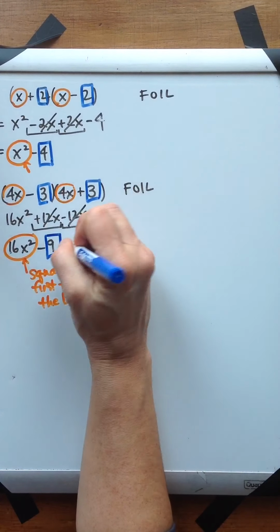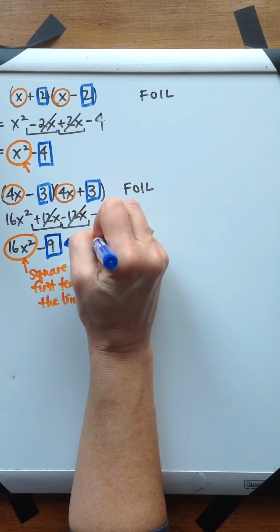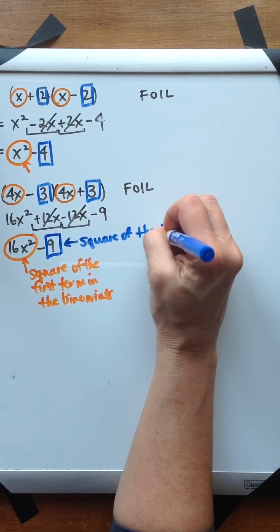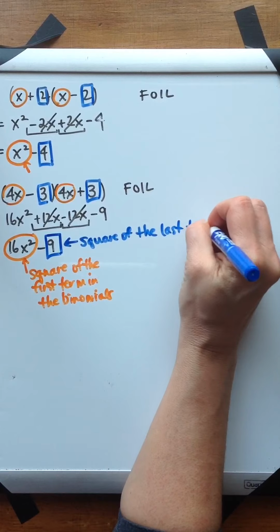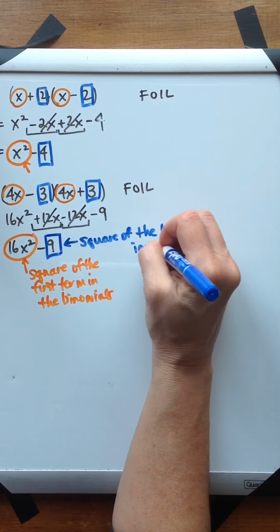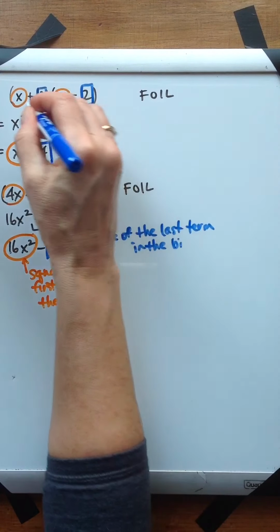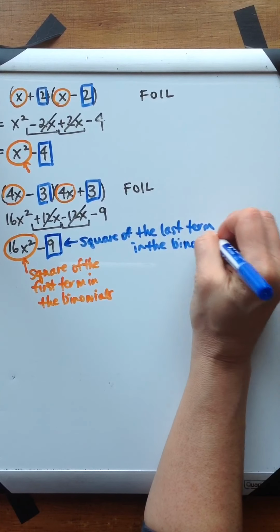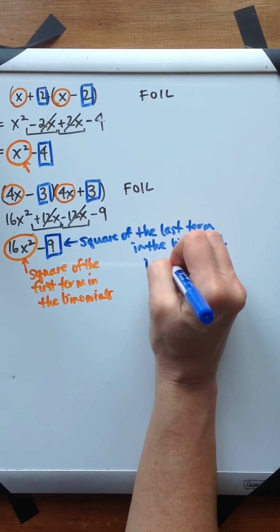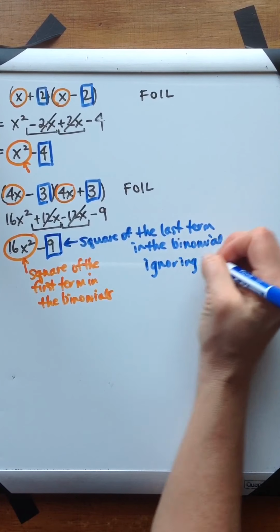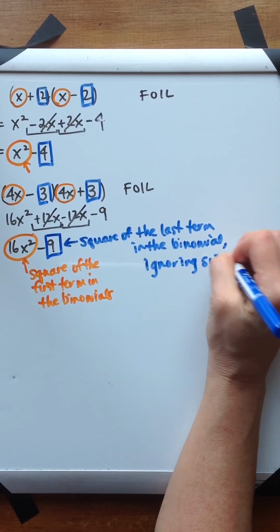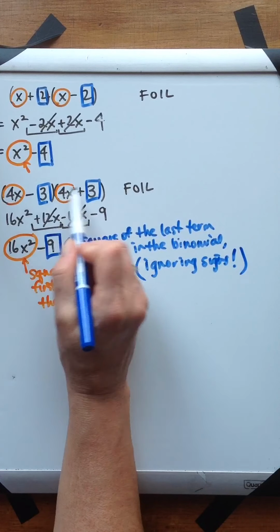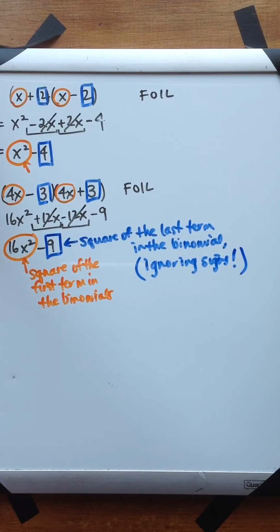Well, again, it too is the square of the last term in the binomials if we ignore the signs. And that's important to note. So we're ignoring the sign in the answer and we're ignoring the signs in the original question as well.